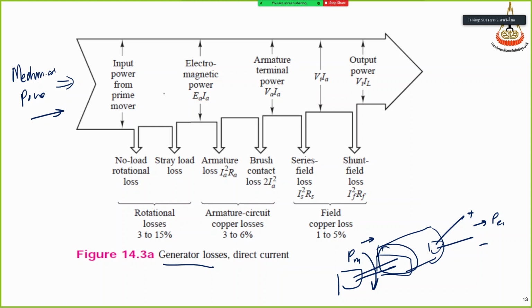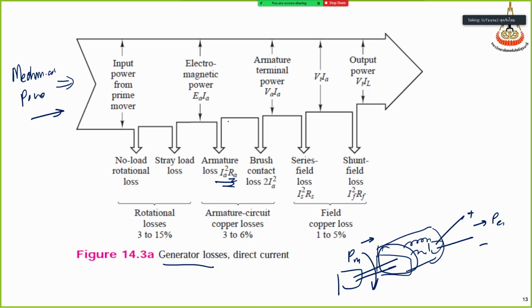There are so many losses. We have rotational losses, stray losses, armature losses, the loss in which heat is produced in the resistance of the armature or the coil, and we have the electromagnetic power converted here.